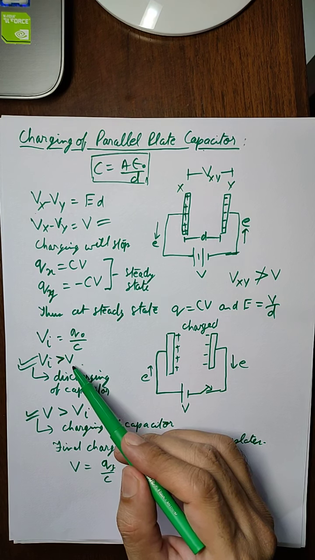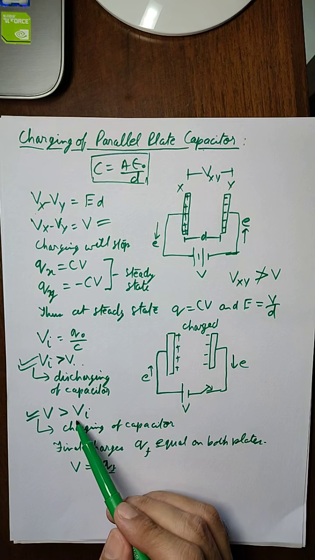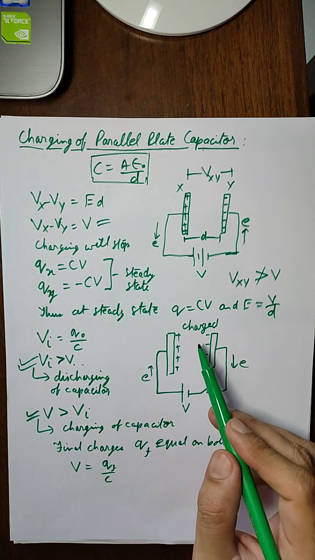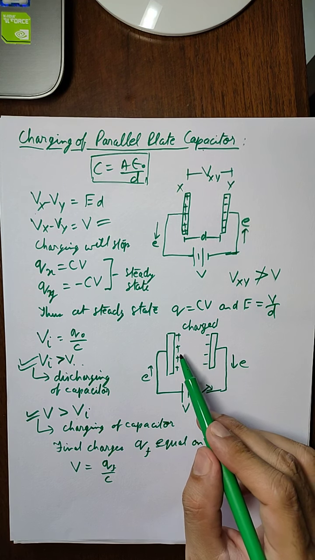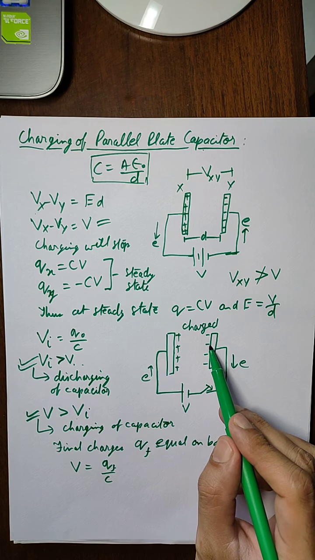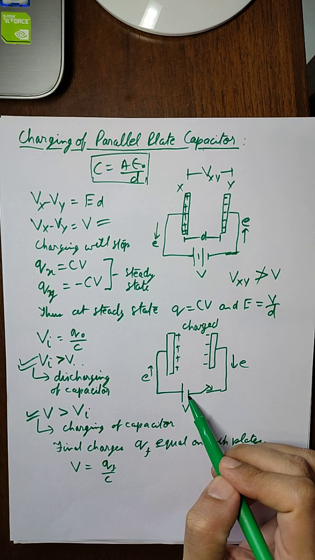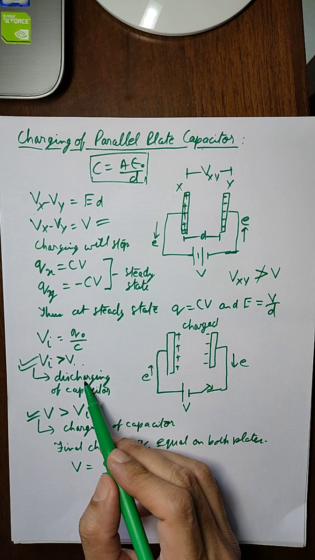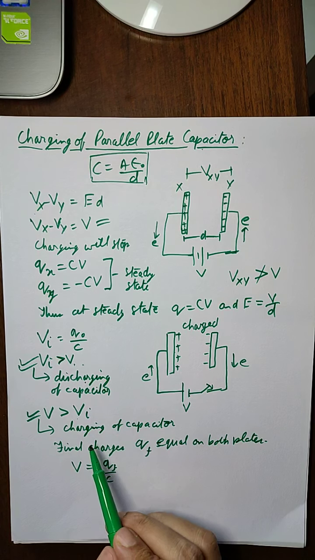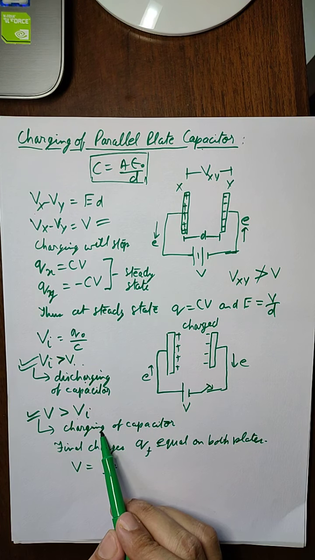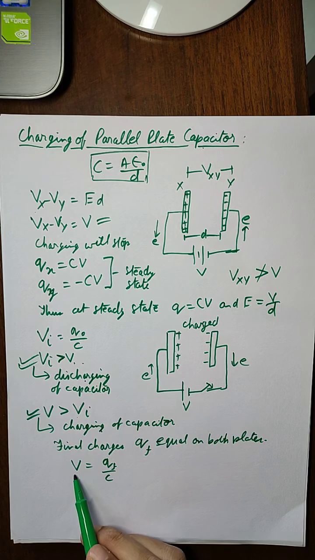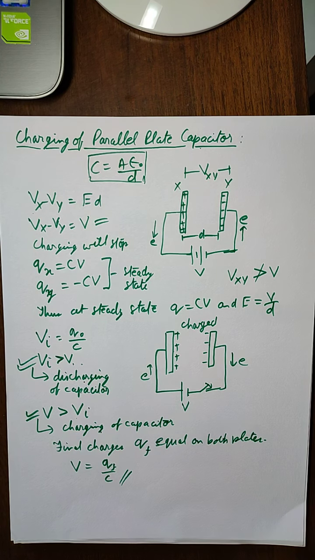Whether we are in this situation or that situation, the end result will be that the potential difference between the plates and the potential of the battery will be equal. In one case, it is done by discharging the capacitor; in the other, by charging the capacitor. So the final potential will always be equal to the potential of the battery.